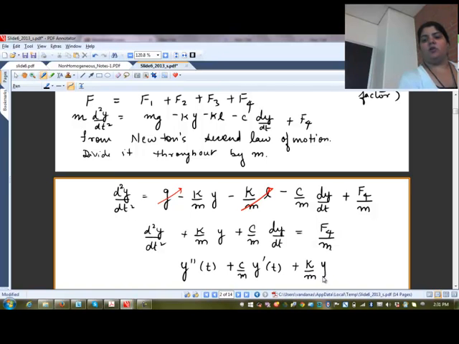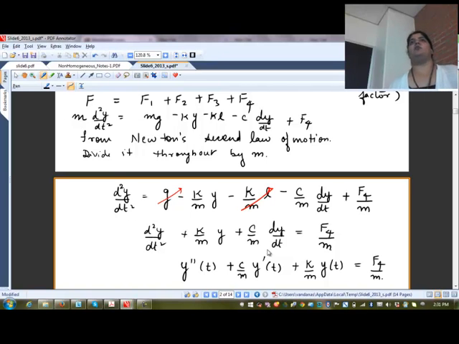So we will be solving a second order non-homogeneous differential equation. So the solution of this is what? What is the solution of this?